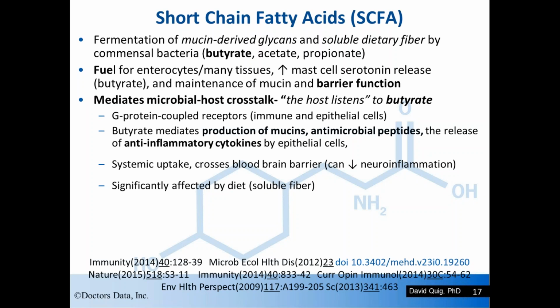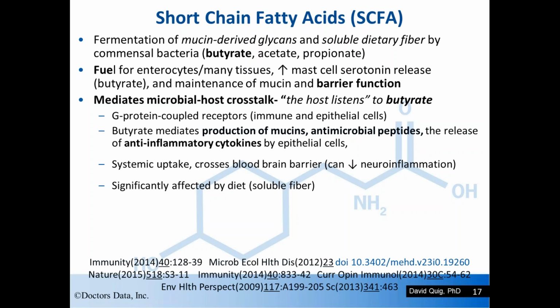Now, butyrate is taken up very rapidly from the gut, and that which is not used by the enterocytes or endothelial cells in fact crosses into systemic circulation and even crosses the blood-brain barrier, where it can ameliorate neuroinflammation.